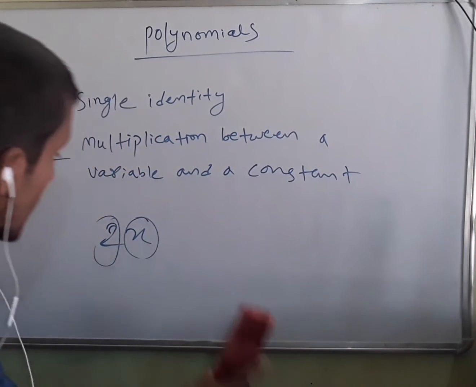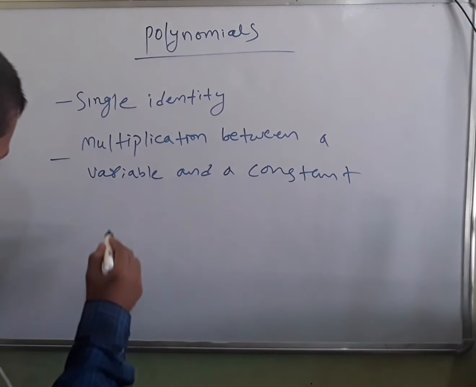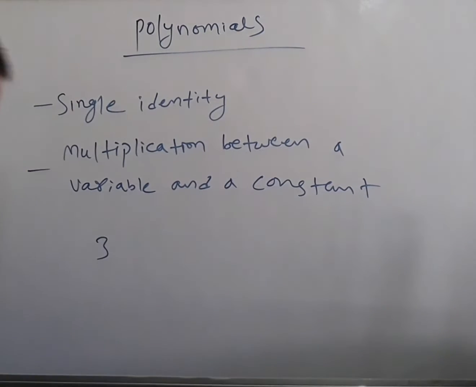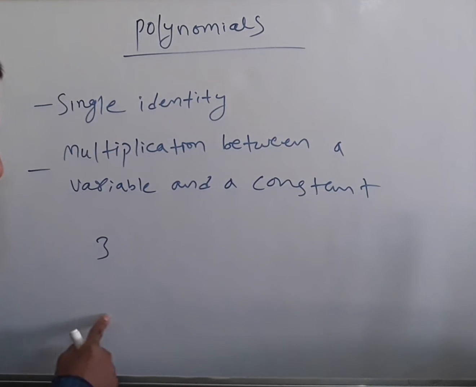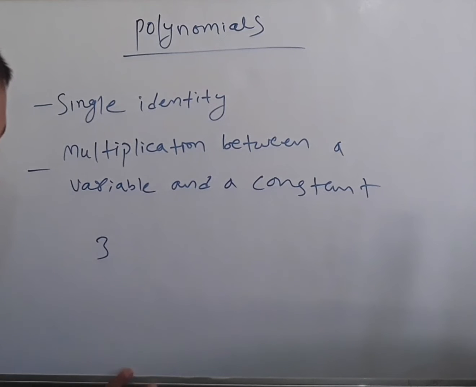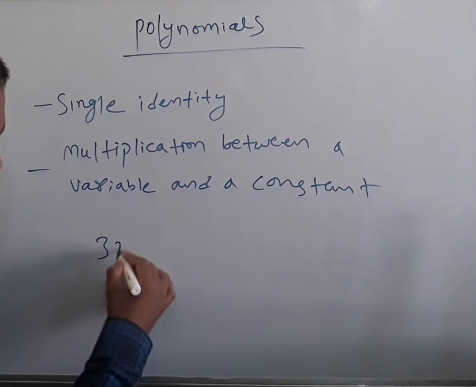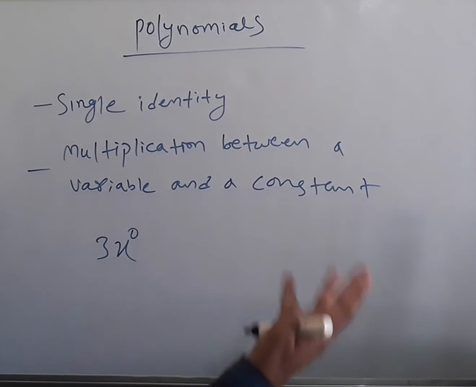Some people would say, what about 3? Is this a term? Yes, it is a term. Some might wonder that there is only the number, the constant, and there isn't any variable there. Then there is a variable: you can think of that variable as x to the power 0, or y to the power 0, or whatever.